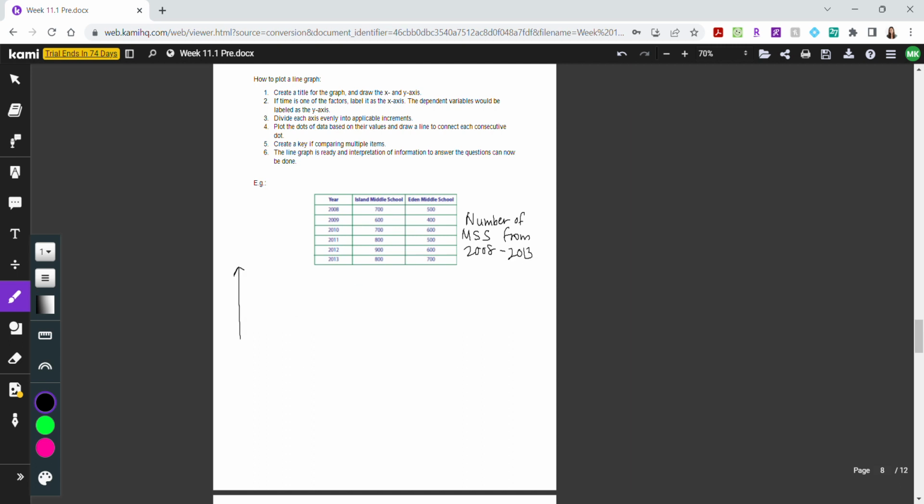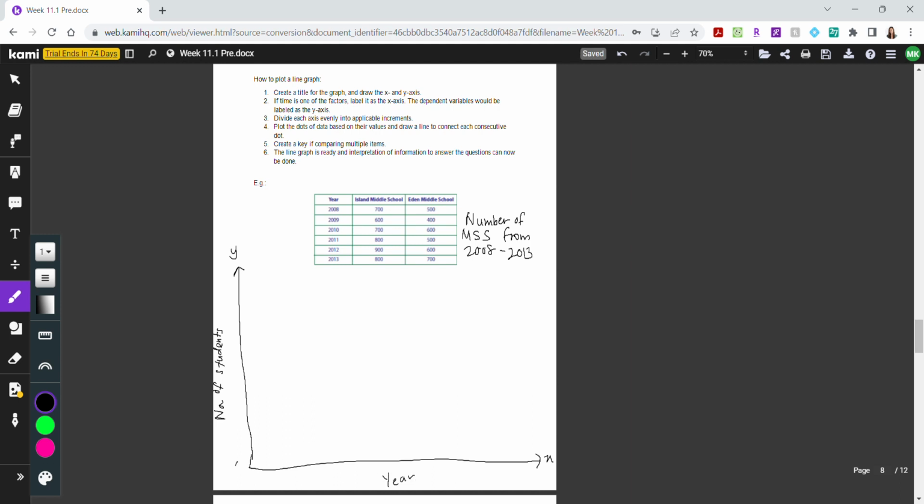Alright, and I'm going to draw my axes. Again, I want to label them, so I'm going to label here number of students, and then the bottom is going to be year.